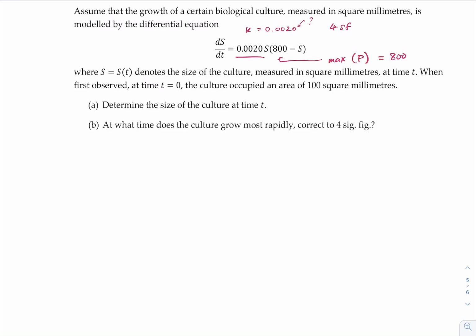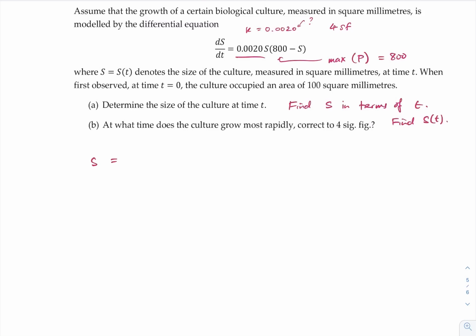When first observed, the culture occupied an area of 100 square millimeters. So A, determine the size of the culture at time t. That's really saying find S in terms of t, or just find S of t, right? So solve the differential equation.